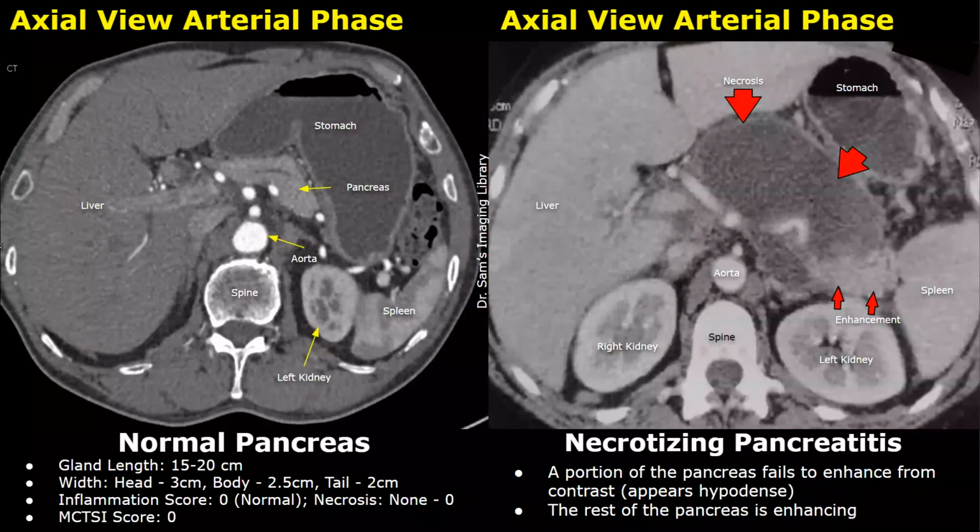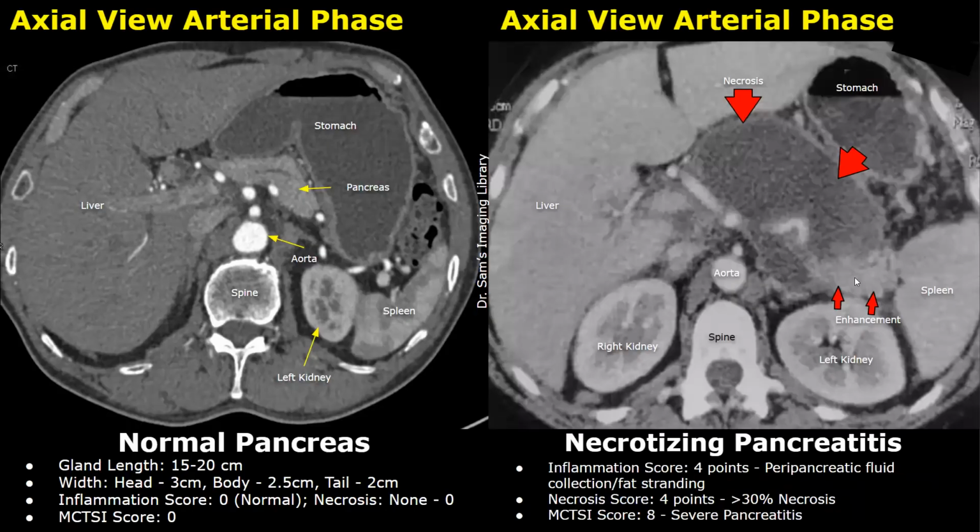In this image, a large portion of the pancreas is not enhanced. From contrast, it appears hypodense. Only a small portion of the pancreatic tail is enhanced. The inflammation score is 4 due to peripancreatic collection.